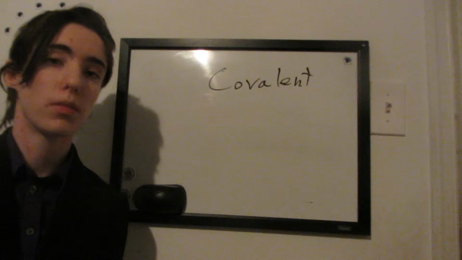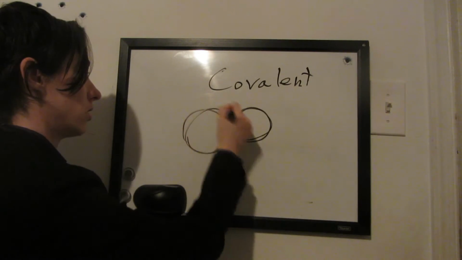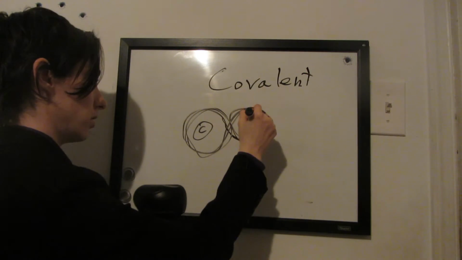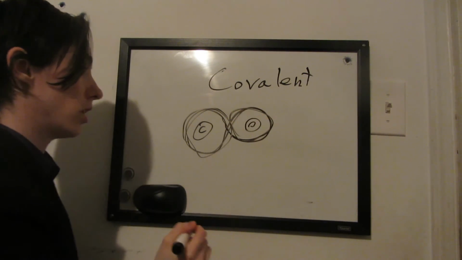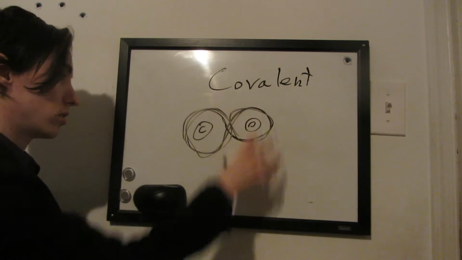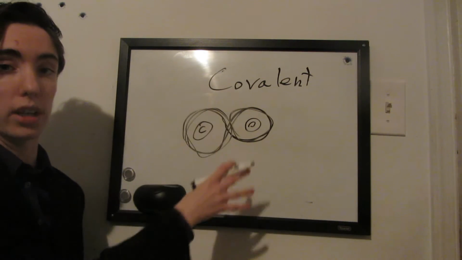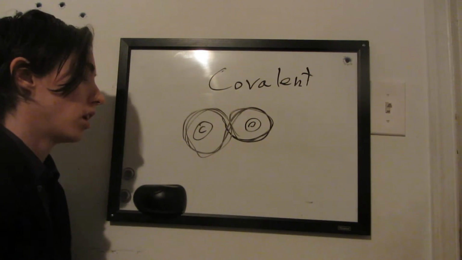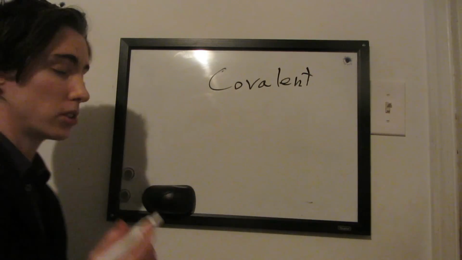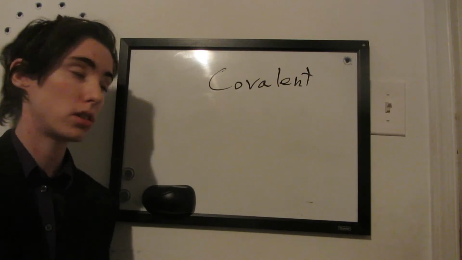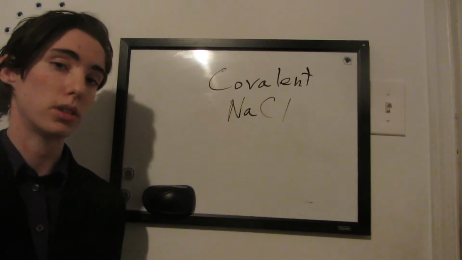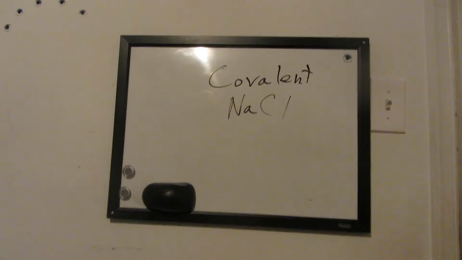So an electron essentially just goes in and out of, say, carbon and oxygen. Now, there would most likely be more atoms involved in this bond, but for now, we're keeping it simplistic. A good example of a covalent bond is NaCl, which is more commonly known as table salt.